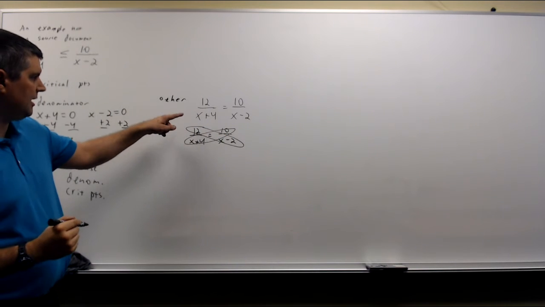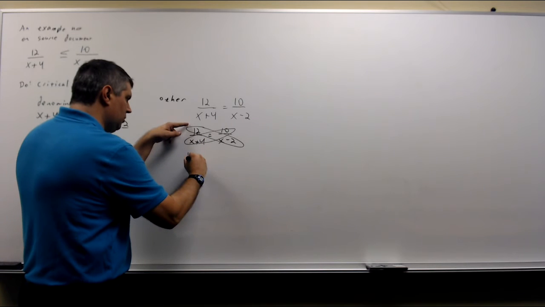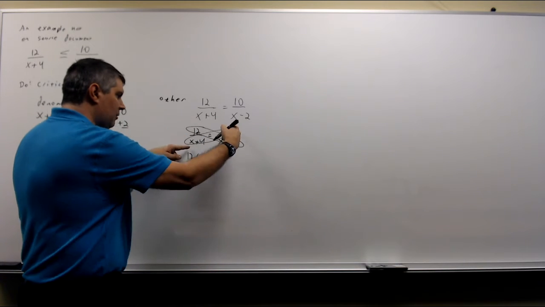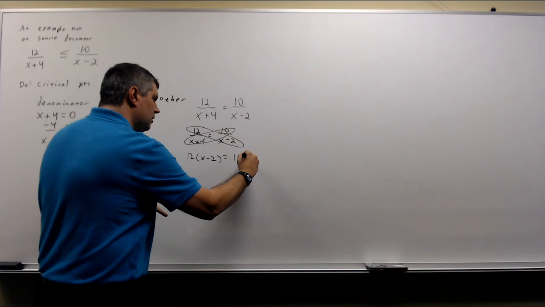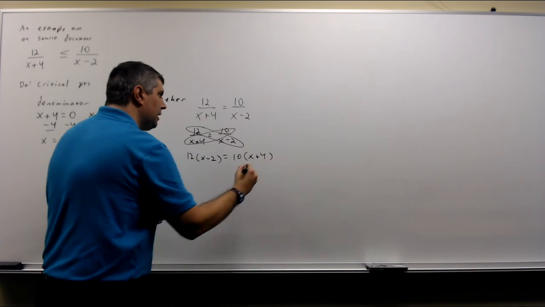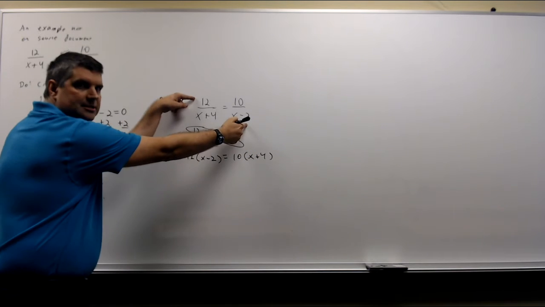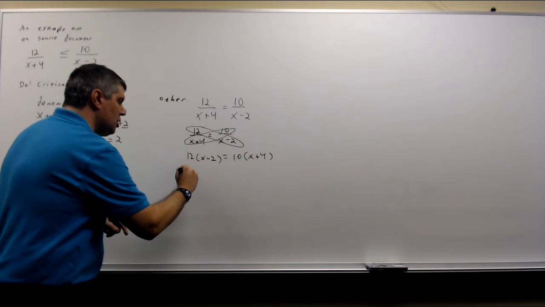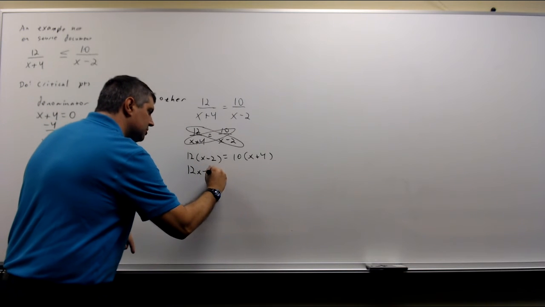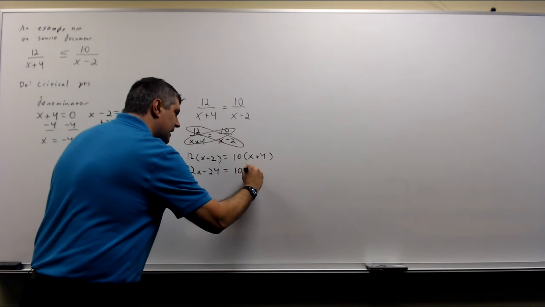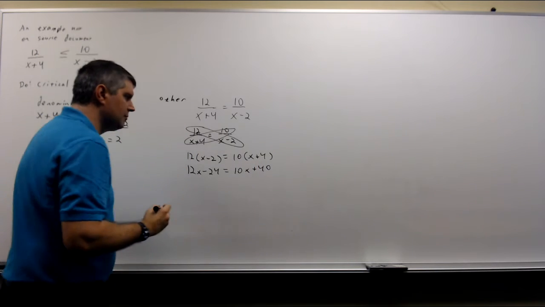So we get 12 times x minus 2 equals 10 times x plus 4. This times this equals this times this, so 12x minus 24 equals 10x plus 40.